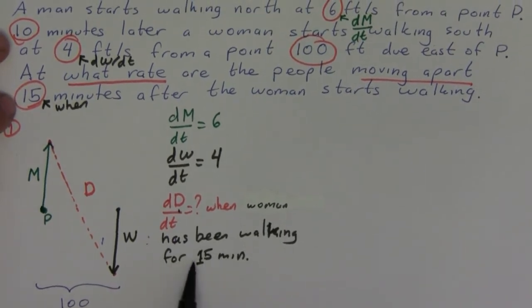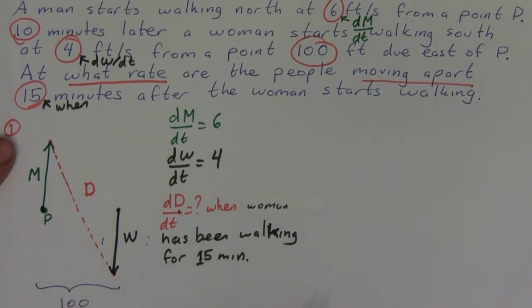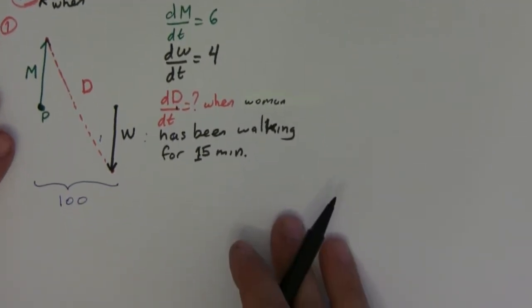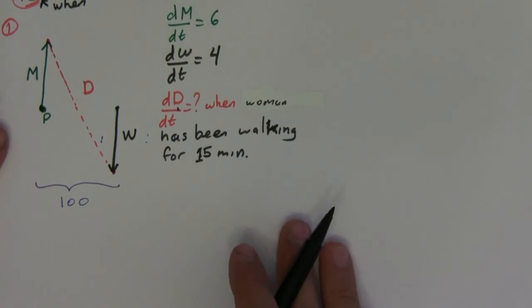So we'll take care of that later. So okay, I labeled everything, and a lot of this makes sense, but now I need to figure out a way to relate all of this information.